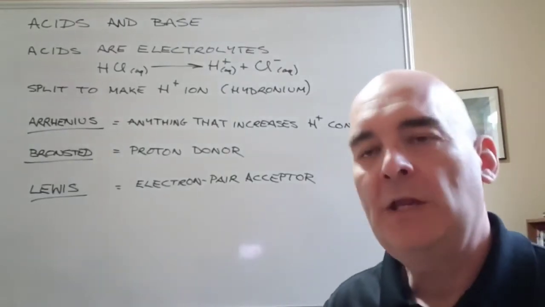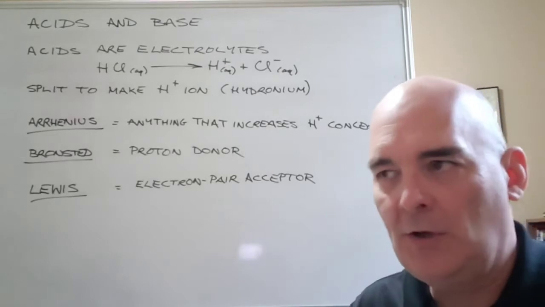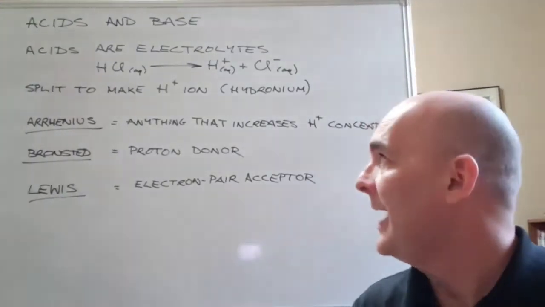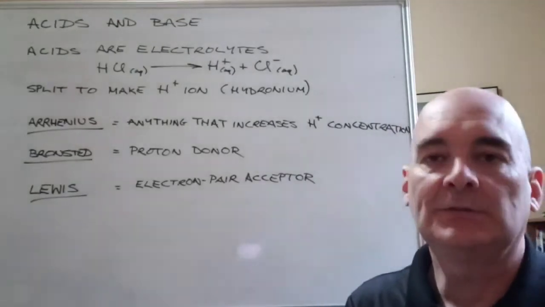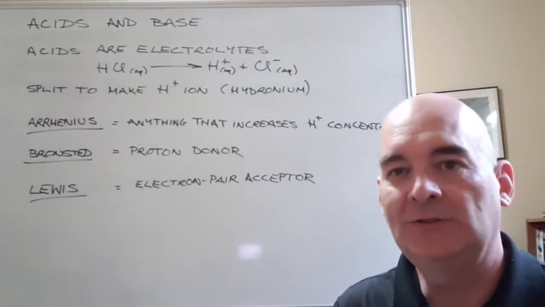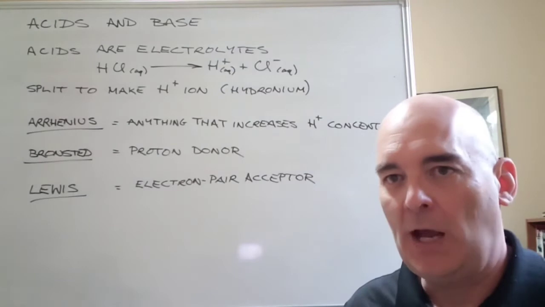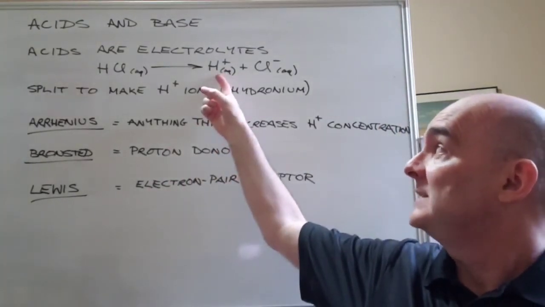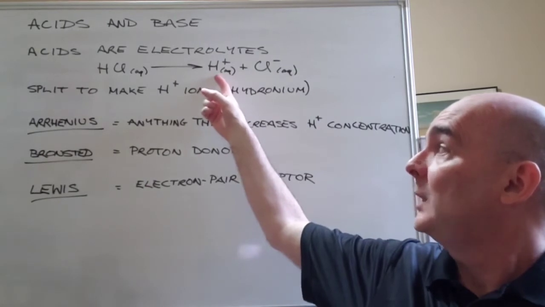Two of the very important families of ionic compounds are acids and bases. Now, acids are electrolytes. They split apart in solution and generate ions, but specifically, we want to see acids generate H+.